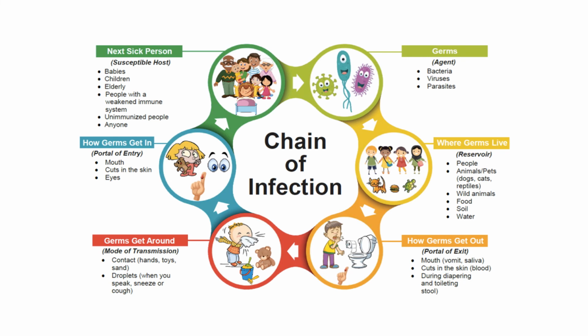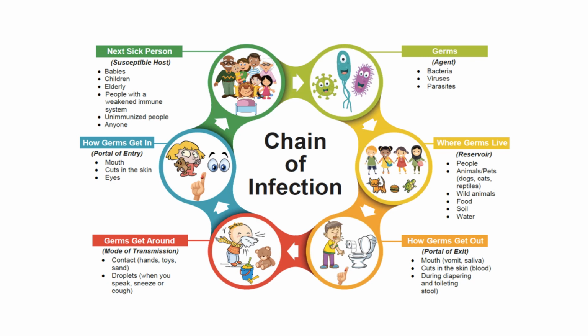Now, moving on to the chain of infection, where we summarize the kind of germs, the reservoirs, the portals of entry and exit, mode of transmission, and susceptible hosts. Talking about germs, they are also called the agents of the infection.